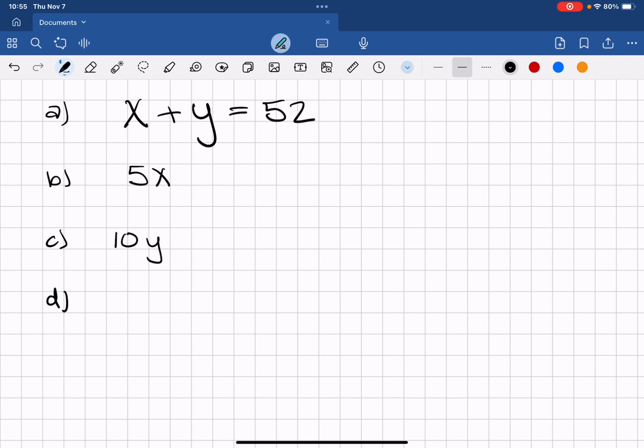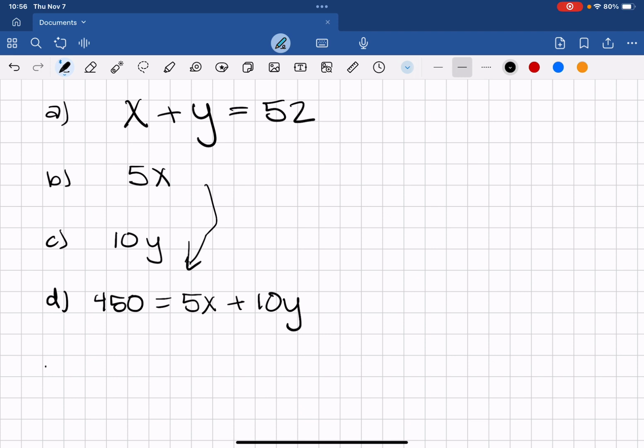D says write an equation expressing the fact that the total value of the coins is 450 cents. So we can use B and C to find our value. So we have a total of 450 cents. And if we add the value of the nickels plus the value of the dimes, we're going to get our total cents.